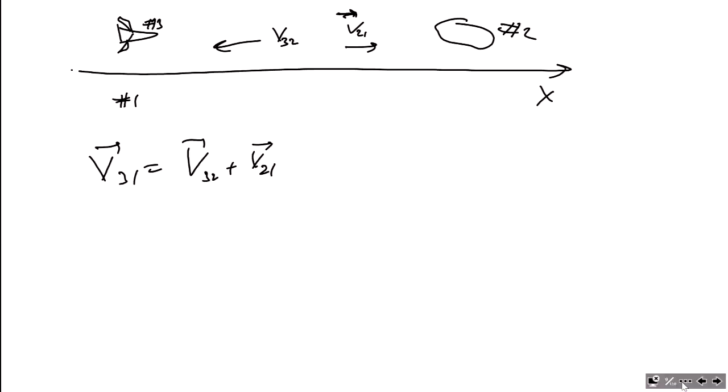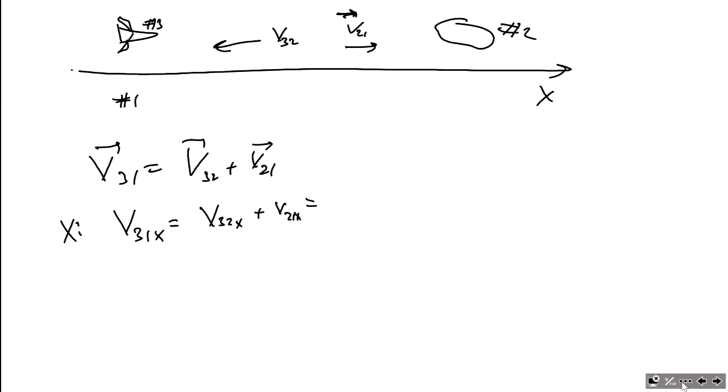So what we know about vectors is that they have components. Components, in this situation, are very simple. Relative to the x-axis, the x component of what we're looking for should be equal to the x component of this velocity plus the x component of that velocity.